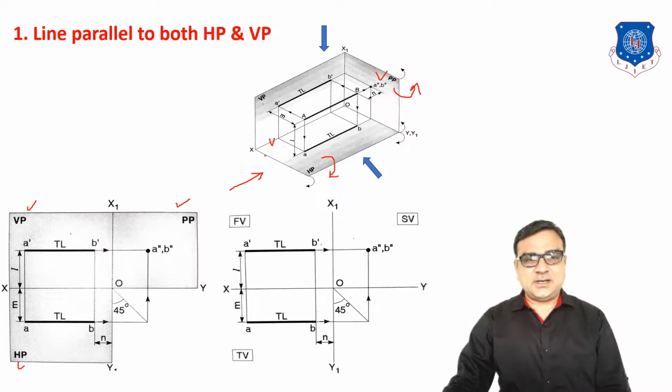In general, in our drawing, we do not represent the vertical plane, horizontal plane, and profile plane, but we just draw one XY line, X1 Y1, the projection front view A dash B dash, top view AB, and left hand side view A double dash B double dash.